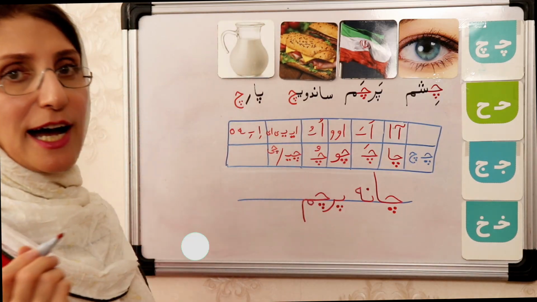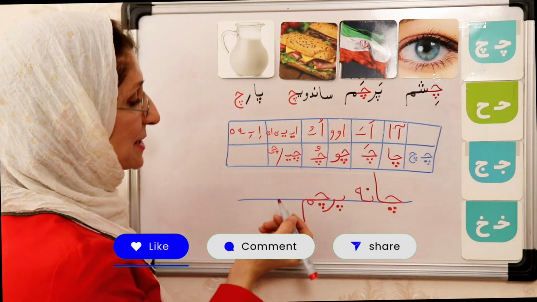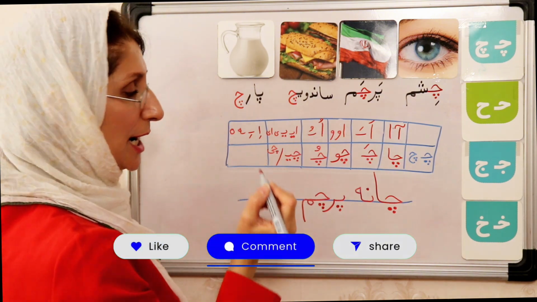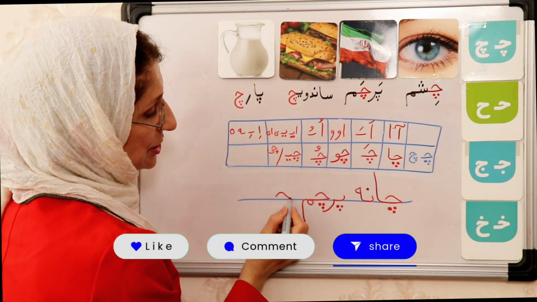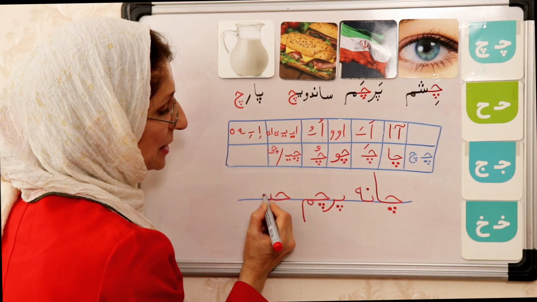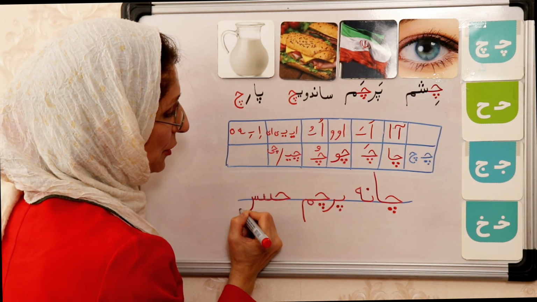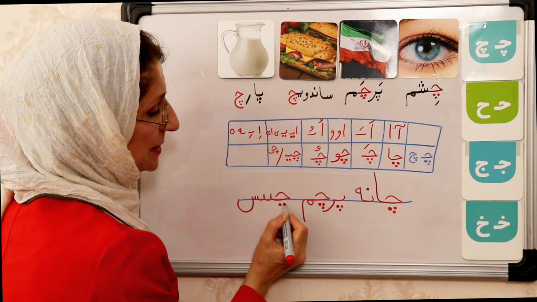For chi we have the word chips. Look, how do I write? Che, then the tooth for e, then the tooth for pe, then three teeth for sin.